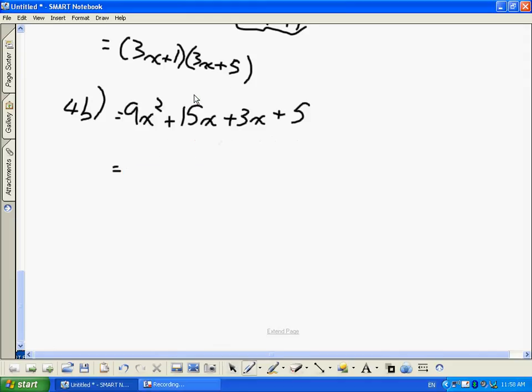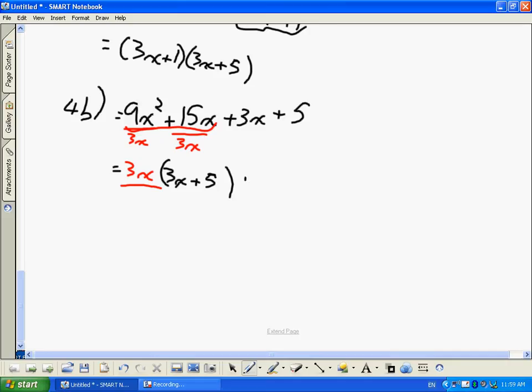So, of our 9x squared and 15x, our first pair, we knew that we could take out 3x as a common factor, so I'm going to divide this by 3x and this by 3x. 9x squared divided by 3x, again, is 3x. And in this one, 15x divided by 3x, anyone know? 5. Plus 5. A little different than the other bracket we got in the other question.